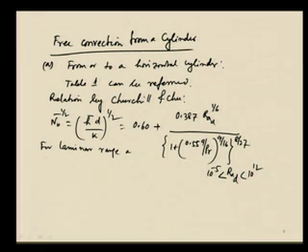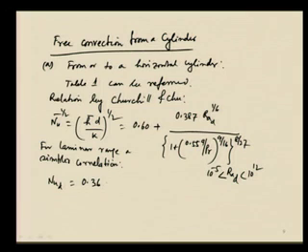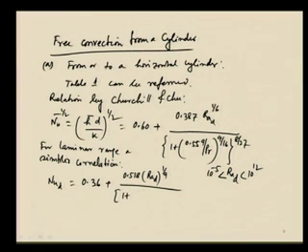Only for the laminar range, there is a simpler correlation, and that says Nusselt based on diameter is equal to 0.36 plus 0.518 Rayleigh based on diameter to the power 1 by 4, divided by 1 plus, again a similar kind of thing, 0.559 by Prandtl whole to the power 9 by 16, whole to the power 4 by 9.